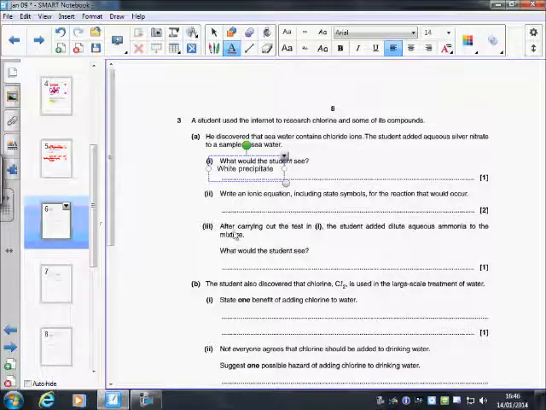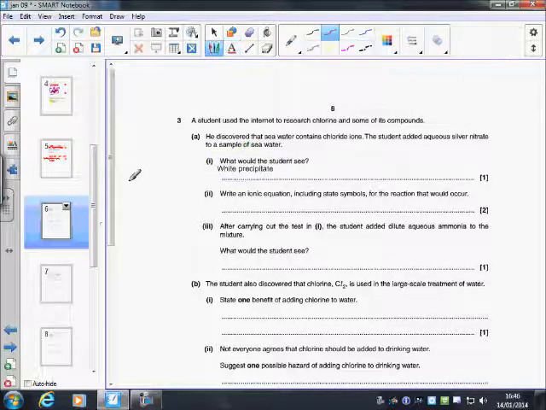For part 2, write an ionic equation including state symbols for the reaction that occurs. So this is worth 2 marks. So to get the full 2 marks, you need to do the equation and add the state symbols. So chloride, we know, is Cl minus. And it's in a solution, so it's going to be aqueous.